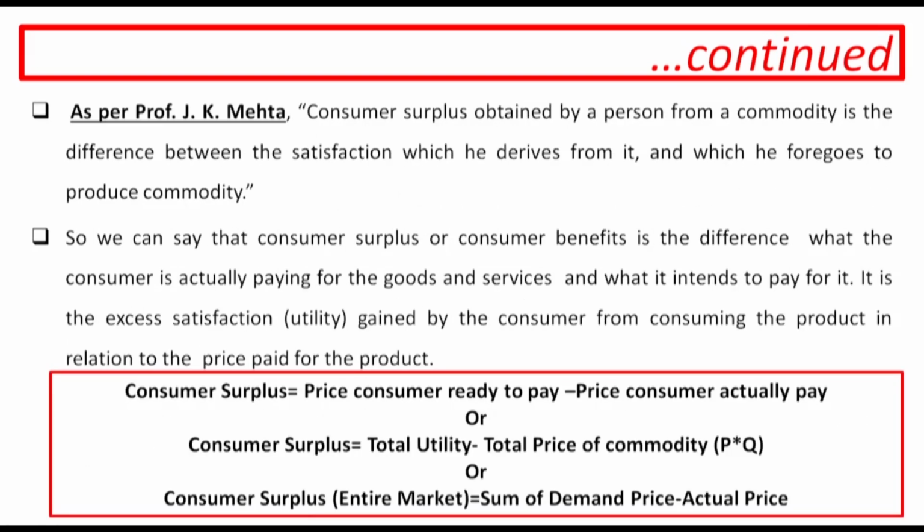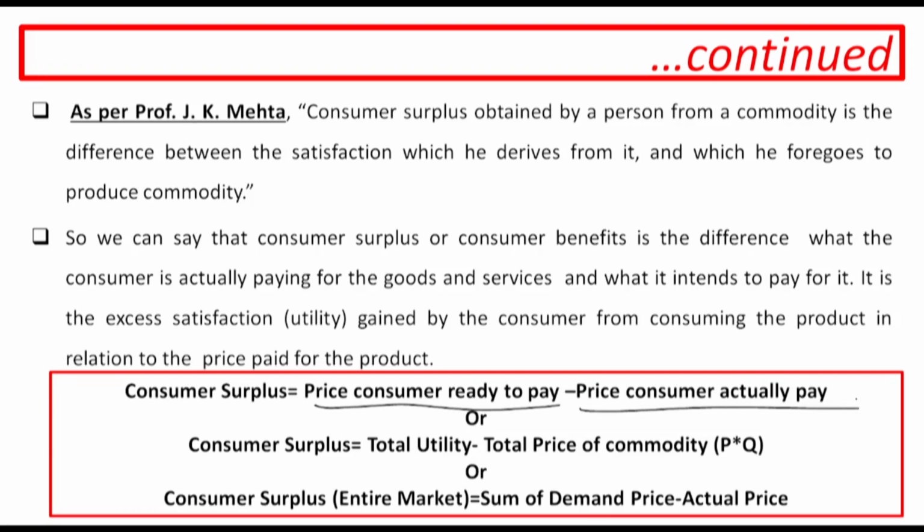So, we can say it is the utility derived from using the commodity versus the price paid for that commodity. If your satisfaction is more than the price paid by the consumer, that extra is your benefit, that extra is the consumer surplus from that commodity. Consumer surplus can easily be calculated with the help of the formula: price the consumer is ready to pay minus price the consumer actually pays.